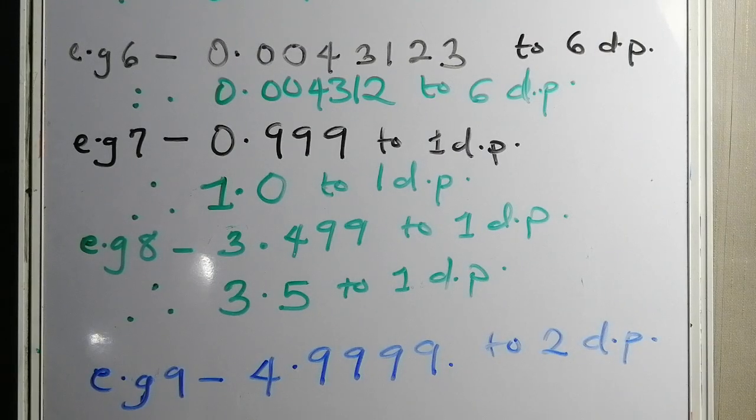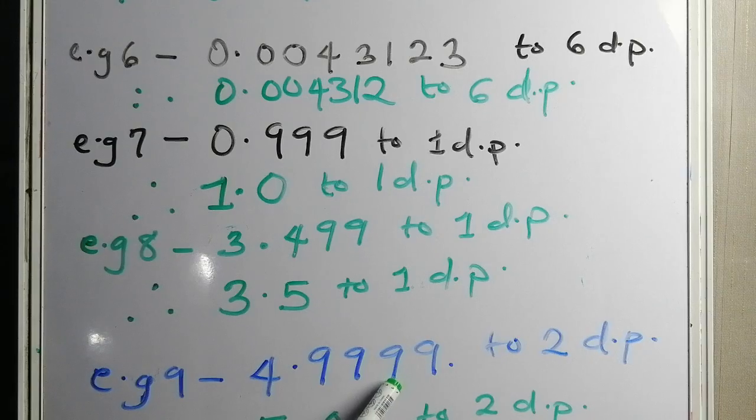So example 9 to two decimal places. From what I've said earlier, this one will be 5.00 to two decimal places. It's as simple as that. 5.00. So to two decimal places is 4.99.